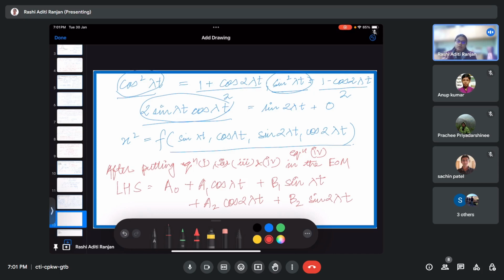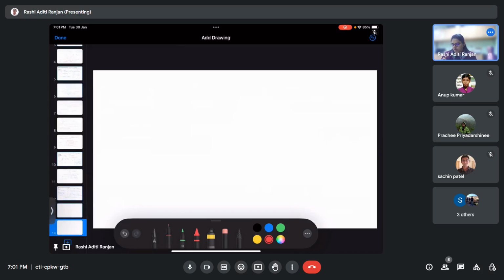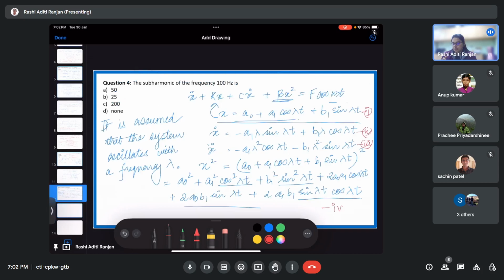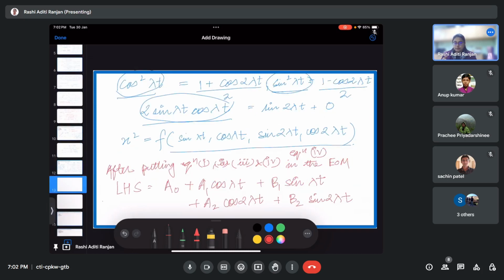They're all going to be a function of all those things, algebraic value. Does anyone have any doubt? Or should I proceed further?